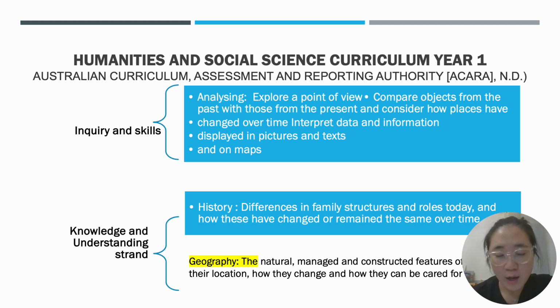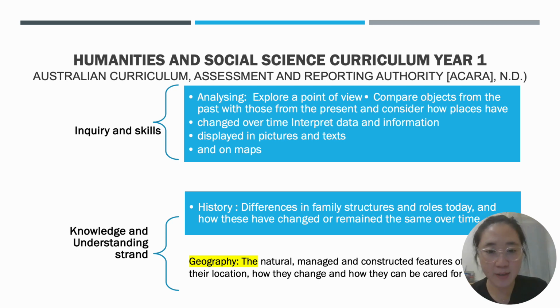First of all, I pick analyzing, which means to explore or get a point of view and also compare ideas, and have displayed maps, mind maps and scaffolding maps. From knowledge and understanding, I pick one from history and the other from geography.